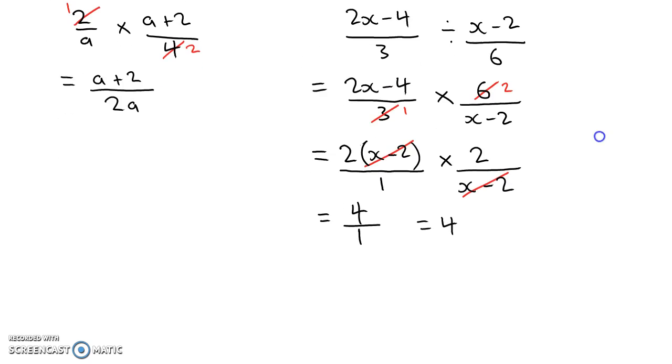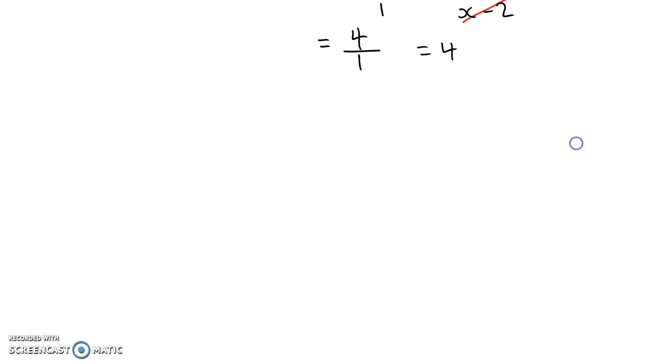Now the next question we'll look at is adding and subtracting. Now adding and subtracting is a little bit more involved. We'll just do 2 more questions. This is question 3.